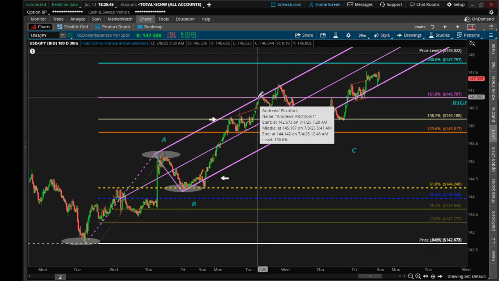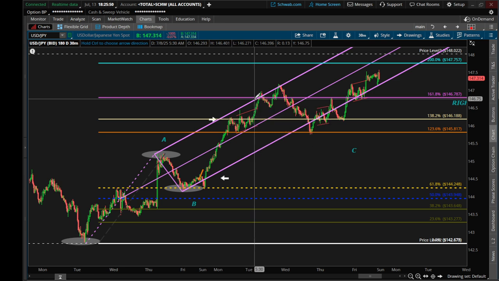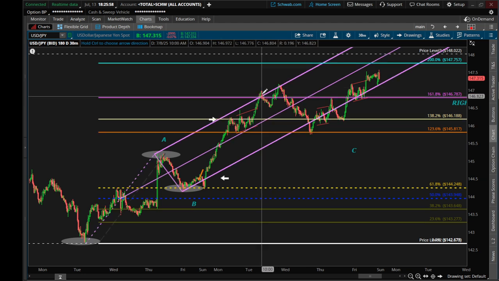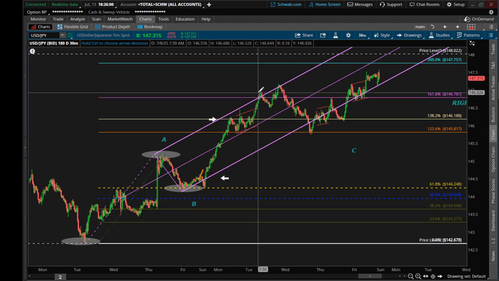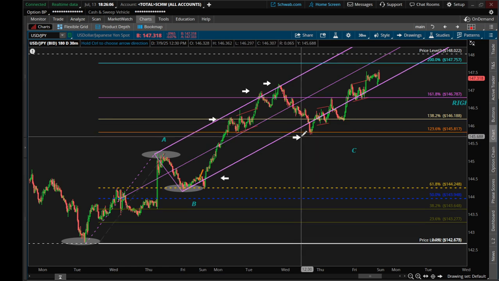Now that we hit the 161.8 and the top of our pitchfork, because anything outside the pitchfork is going to be telling you that a trend change is coming. Okay, so this is another indication of an exit. So there's an exit, there's an exit, there's an entry, there's an entry.